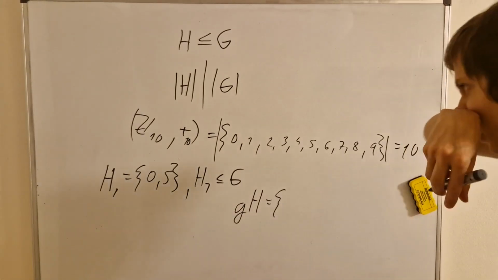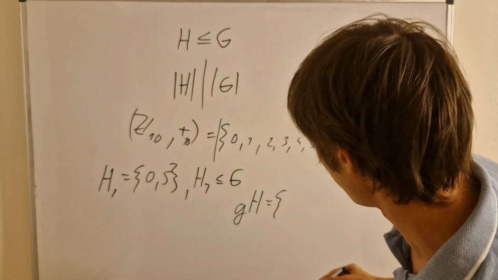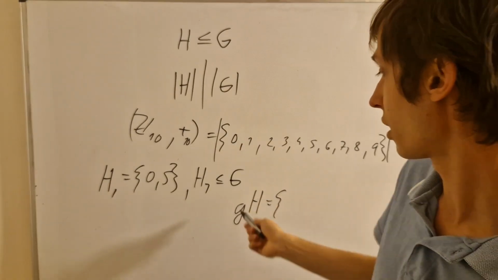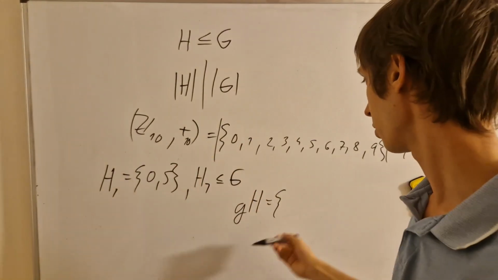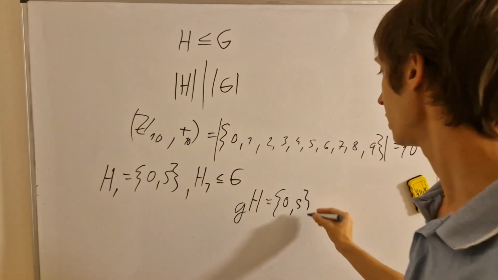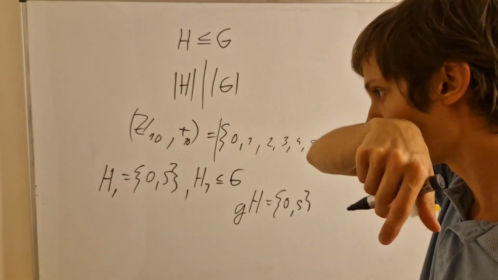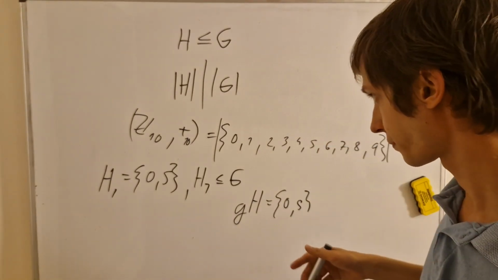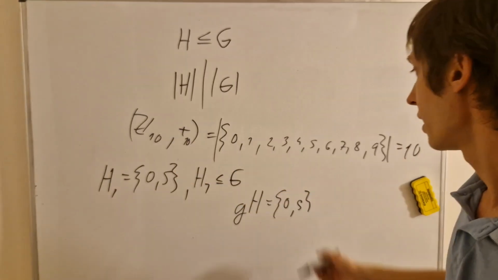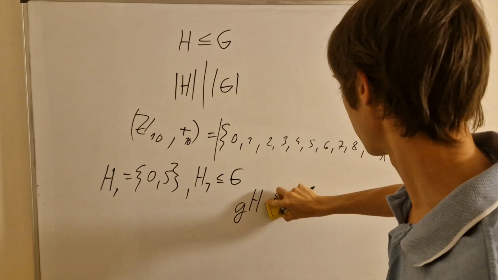Well, if we take one element of G, let's say 0, and put it with each element of H, well, it's just 2 elements, so that's going to be 0 plus 0 and 0 plus 5, so 0, 5. That's equal to actually this group itself.